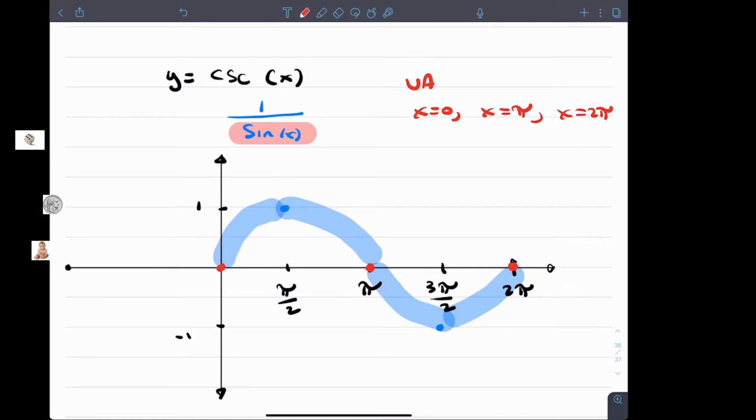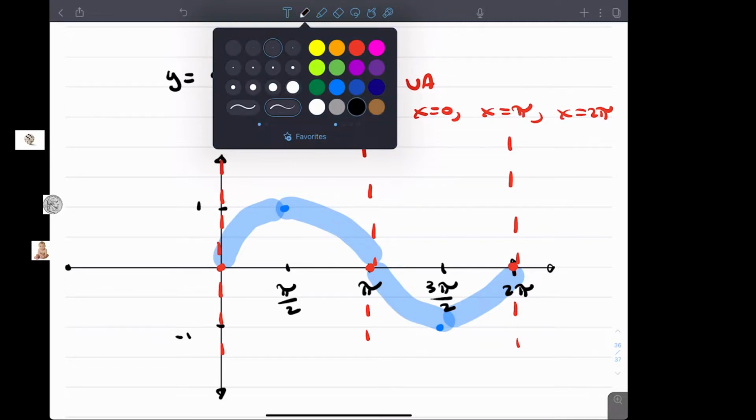You've got the vertical asymptotes there, so what do we draw? These nice lines here. And then you say, but you're trying to graph the reciprocals.